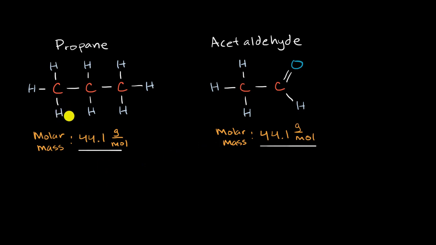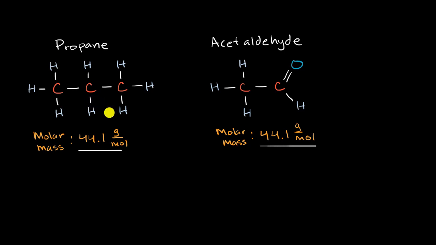And if we were to then look at the shape, some of you might say, well, propane, maybe you could argue it's a little bit longer or a little bit straighter than acetaldehyde, and so maybe it has a little bit more surface area with neighboring propane molecules. So based on that, maybe propane has a higher boiling point because it would take more energy to overcome the intermolecular forces.